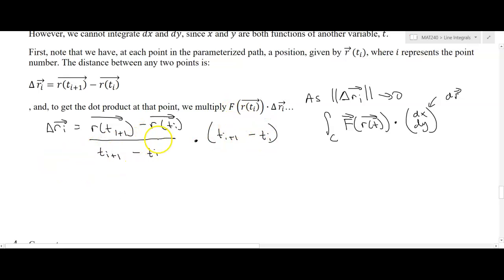So notice that what we've done is we've effectively multiplied by 1. We've divided by something, but we've also multiplied by it. So this is still equal to our original expression. But notice that this is the difference quotient.